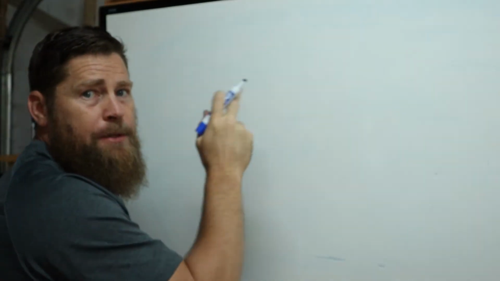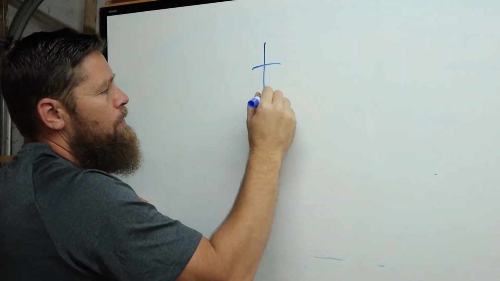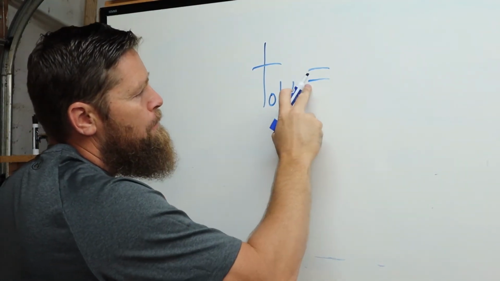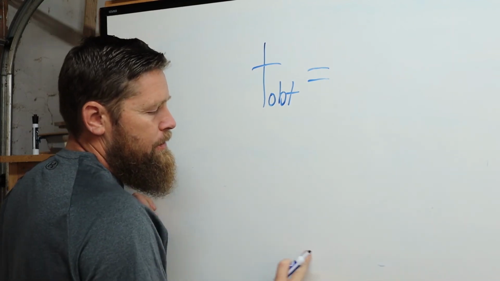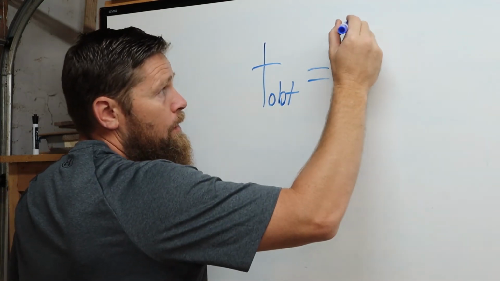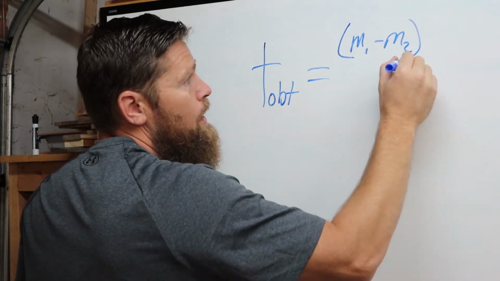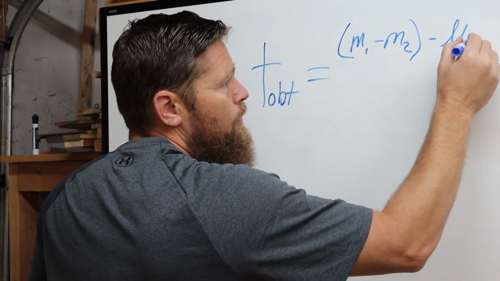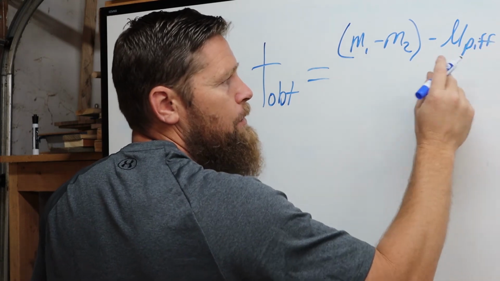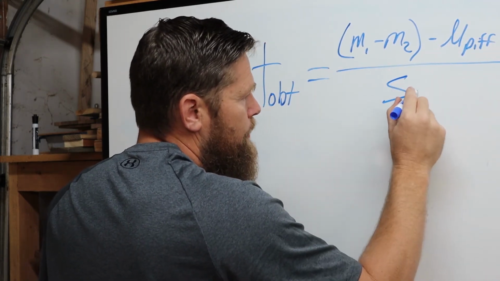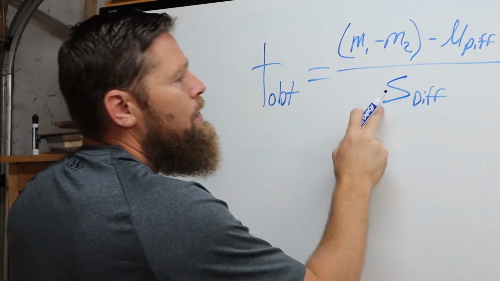We're back. The t-obtained statistic or the t-value that we're going to create for an independent group t-test is the mean for group 1 minus the mean for group 2 minus mu for the distribution of differences between means, divided by the standard deviation for the distribution of differences between means, or S diff.